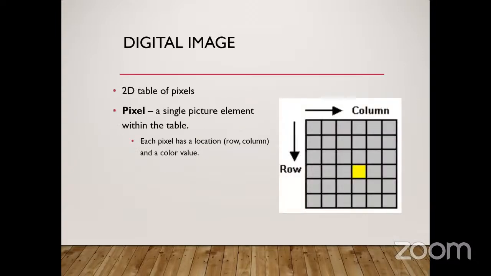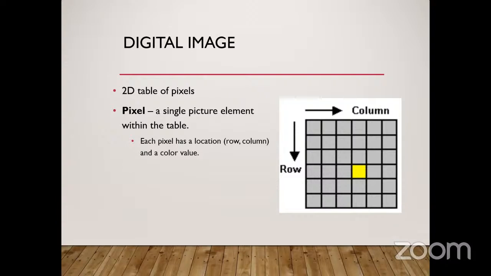So an image is actually stored in a grid or a two-dimensional array, depending on which programming language you're in. So if you think about a picture that you took on your cell phone or any other place, you know your phone says you have so many pixel resolution, right?